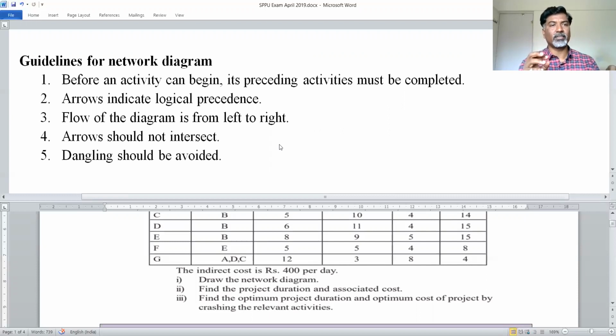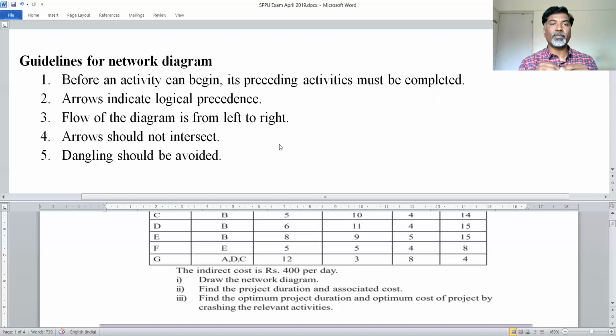When the predecessor activities are finished, then you start your new activity. Second, arrows indicate logical precedence. This means the direction of the arrow shows which is the tail activity and which is the head activity, the progress or direction of your activities.